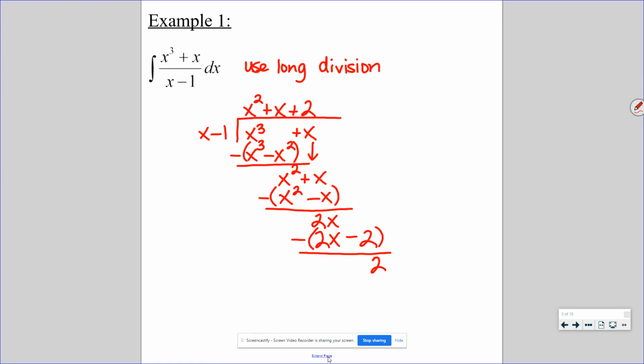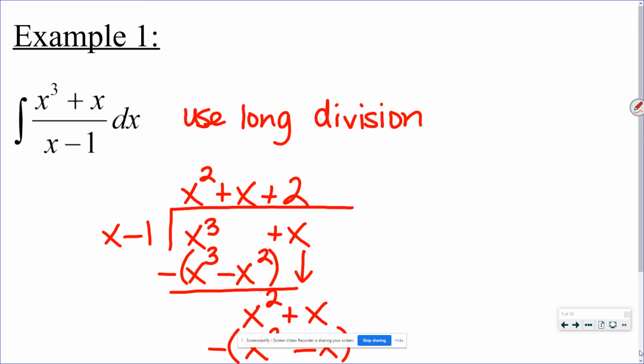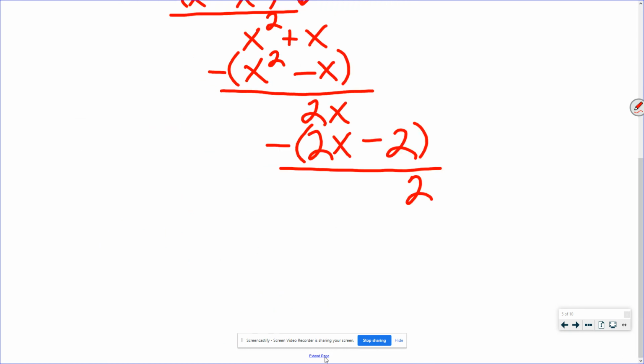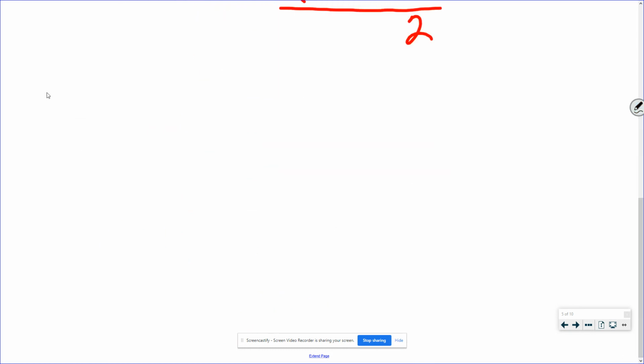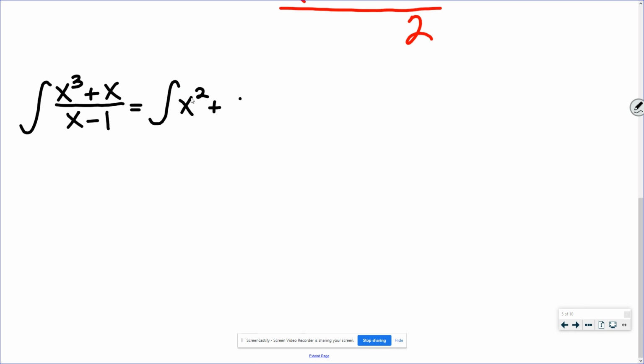Okay, now here's what you're going to do with all that. You are going to set it up, and you're going to say that the original problem of x cubed plus x over x minus 1 is equivalent to the quotient, which was x squared plus x plus 2 dx, because we're integrating, plus it had a remainder.